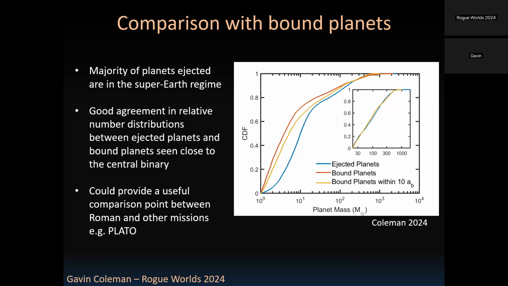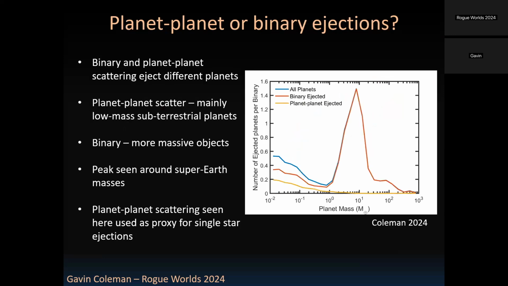So this is a good test for when Roman gets some data and we can actually see what these distribution functions look like. Compare that to the bound transit and radial velocity surveys and see how good this fits, and see if that can give us any information on the planet formation processes that need improving or that we need to understand. Like I said, this would be useful comparing with Plato and the other Roman missions.